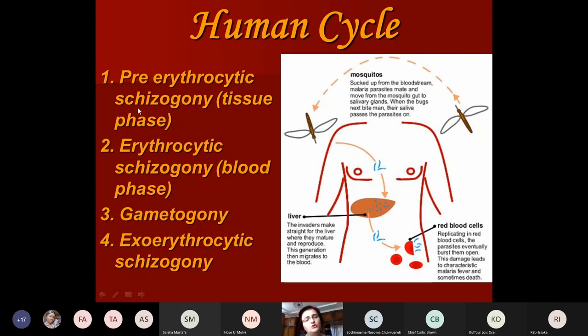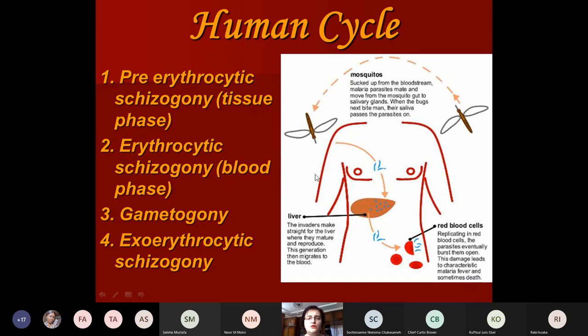Pre-erythrocytic schizogony, or maybe better to say schizogony. It will be more in Latin: schizogony, or in other words, the tissue phase that is present in the liver as a rule.